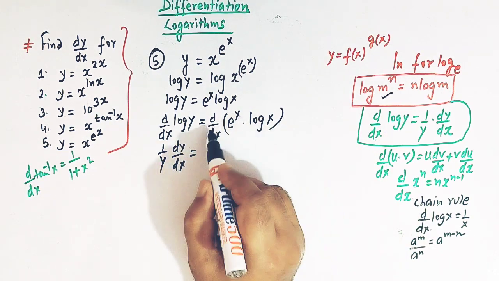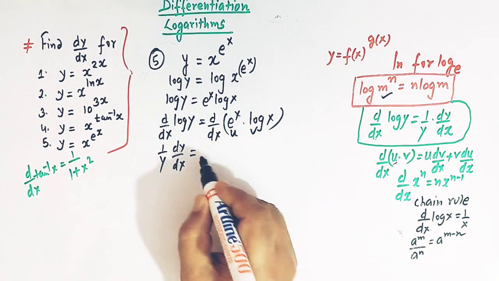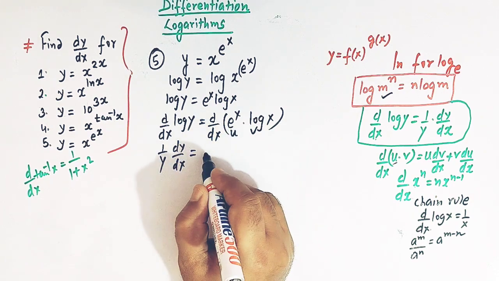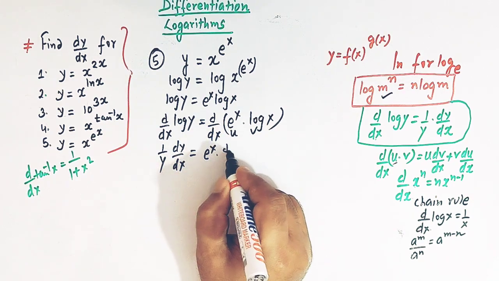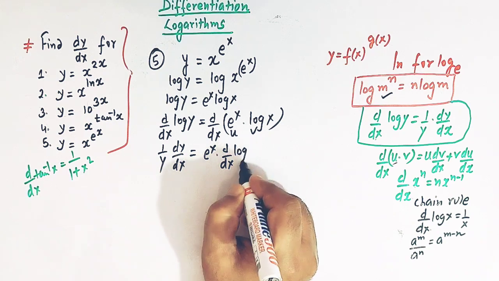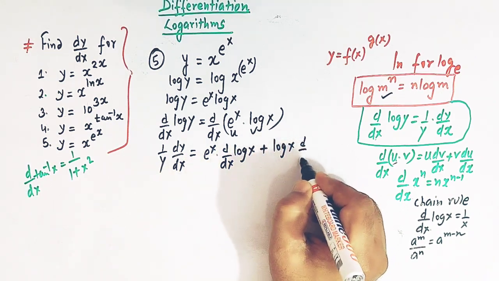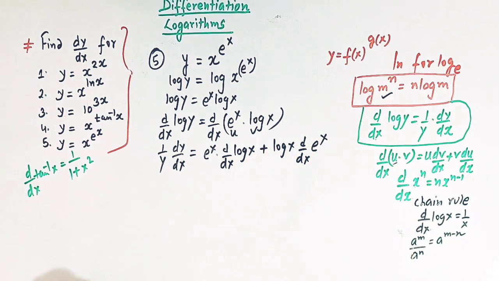So we can take this as u, this as v. Applying this product rule for differentiation, we have e raised to x times the derivative of log x, and then log x times the derivative of e raised to x.